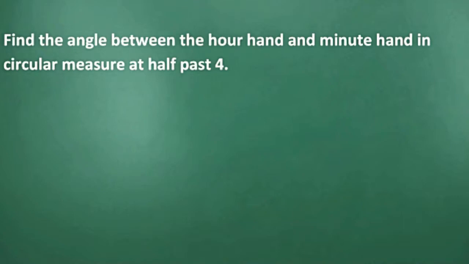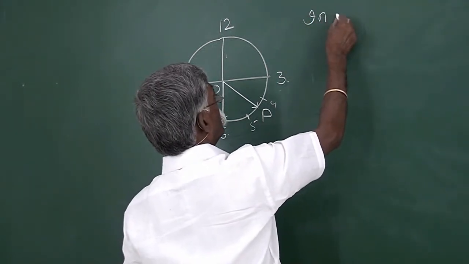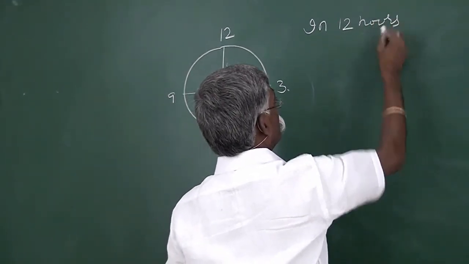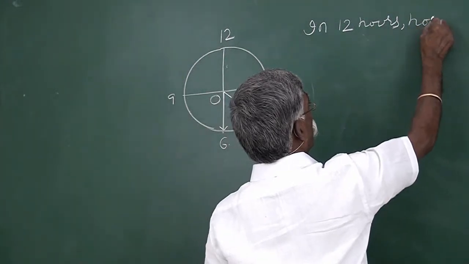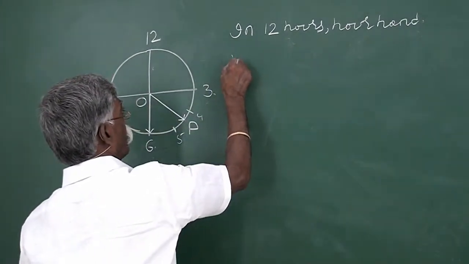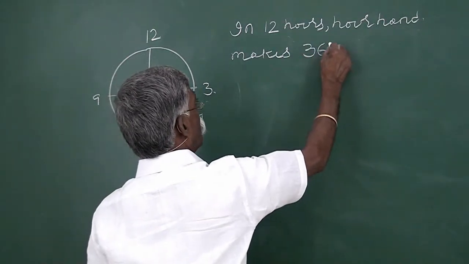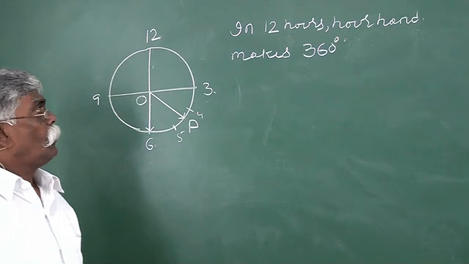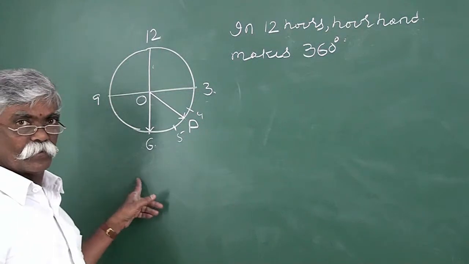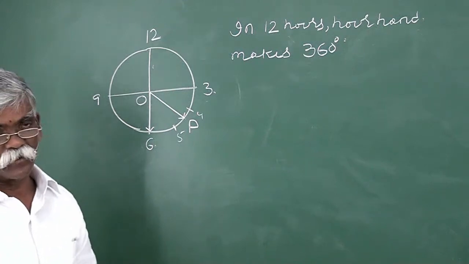Now in 12 hours, the hour hand makes 360 degrees, because the hour hand makes a complete revolution on the circumference, thereby it makes 360 degrees in 12 hours.